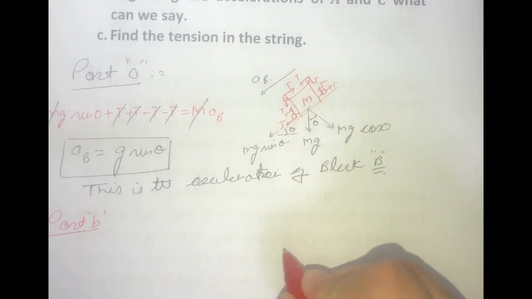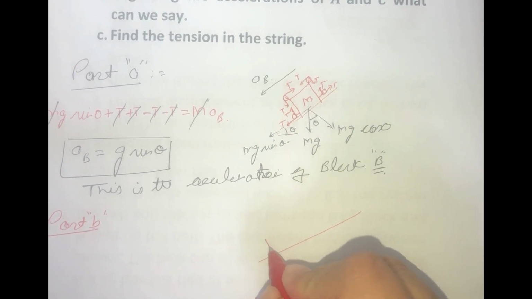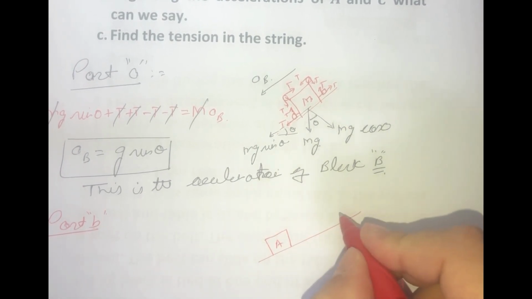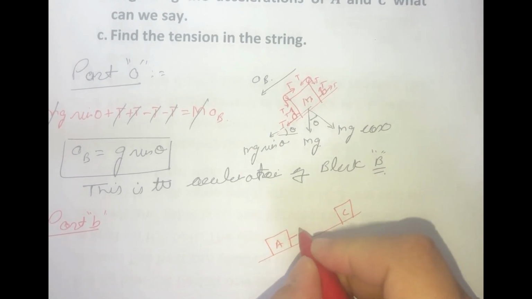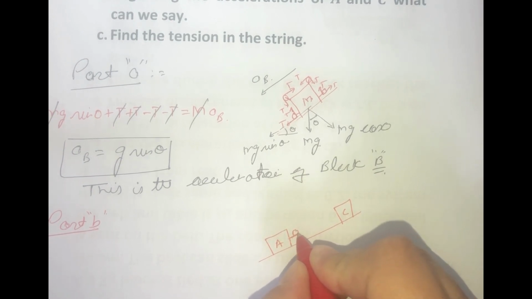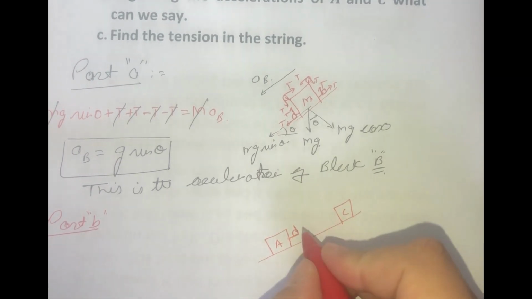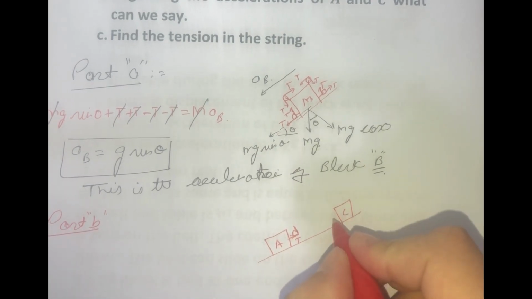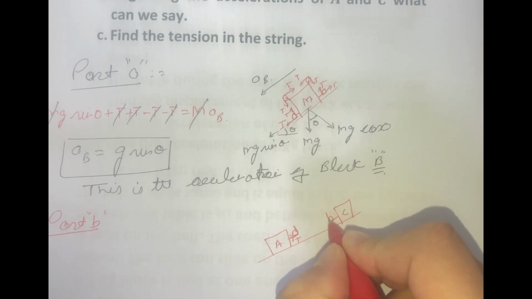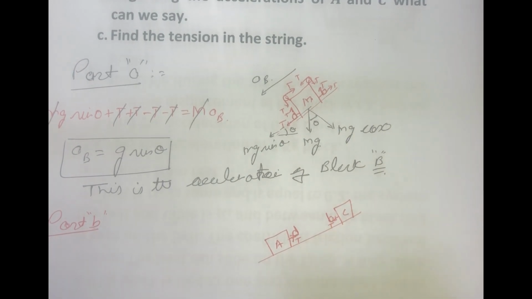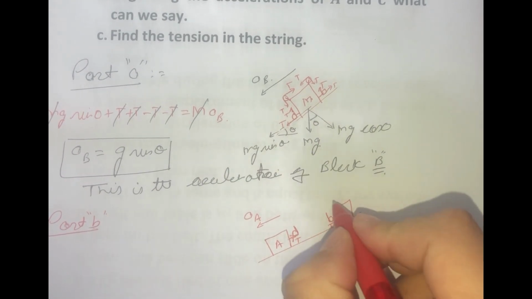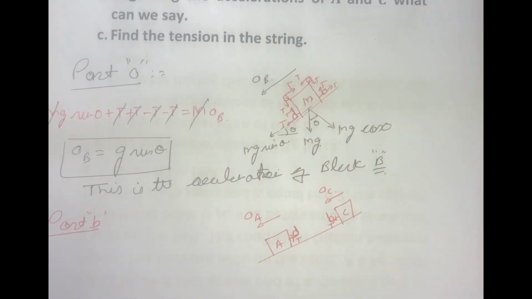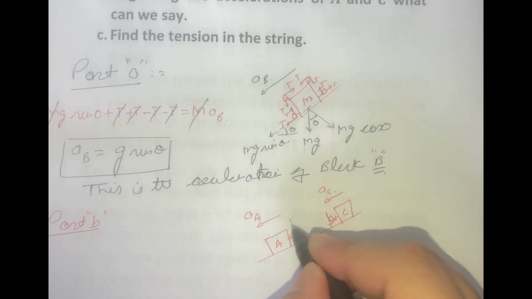So we have mass A and mass C. They are connected with the help of a string, like this, with tension T, and here also there is a string with tension T. We say block A moves with acceleration aA, and block C moves with acceleration aC, and they will be connected like this.